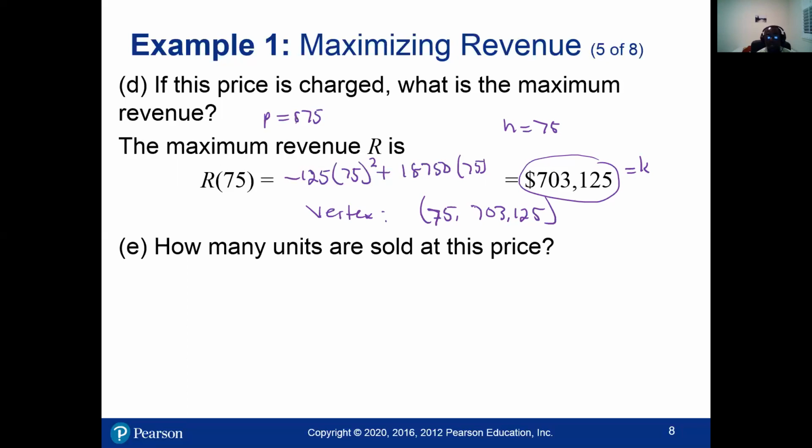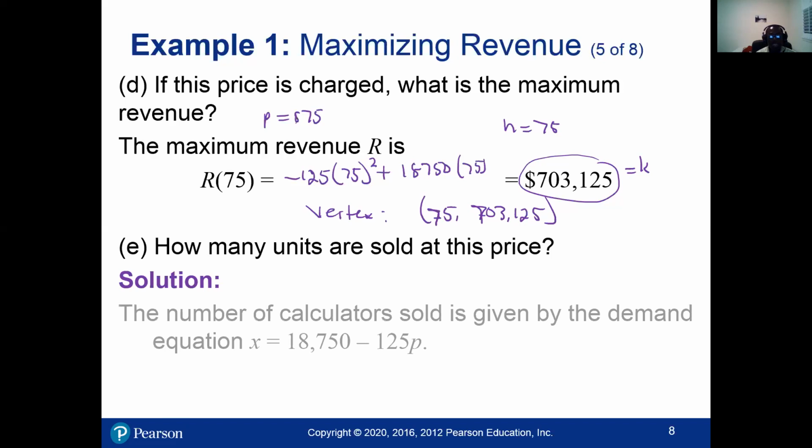Perfect. So then part E: how many units are sold at this price? How do we find this? Well, the demand function. We know that P is equal to $75.